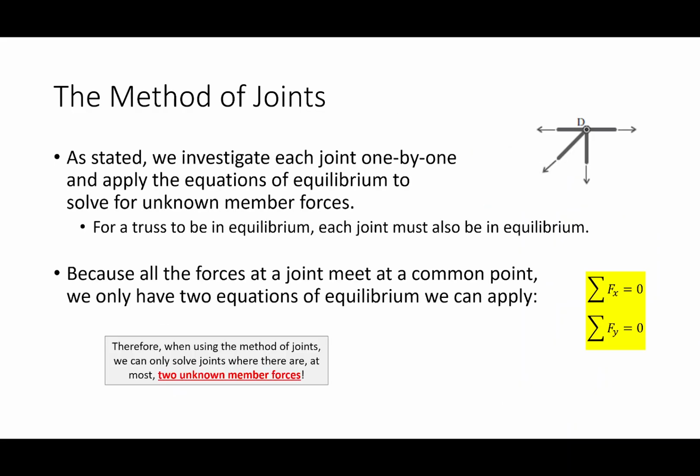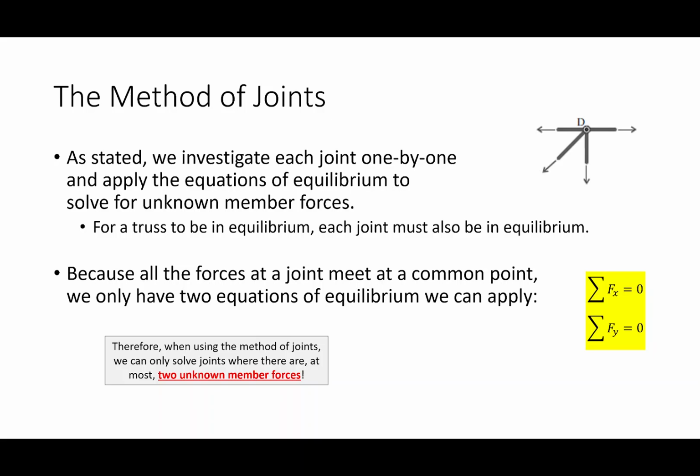Now, the method of joints looks at each joint one at a time, but what we are dealing with is a particle statics problem. We are dealing with a situation where all the forces meet at a common point, okay? We have no friction, we have the centroids aligning, we have the loads applied directly at the joints. So we investigate the equilibrium of each joint, but because all the forces meet at a common point, we only have 2 equations of equilibrium.